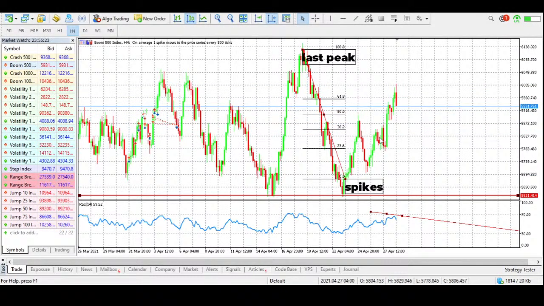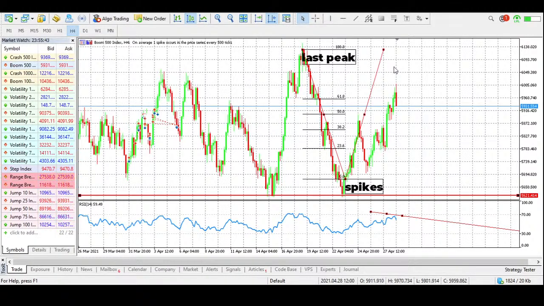We don't believe it's going to retrace 100% up to this point. Personally, I don't believe most turns retrace 100%.